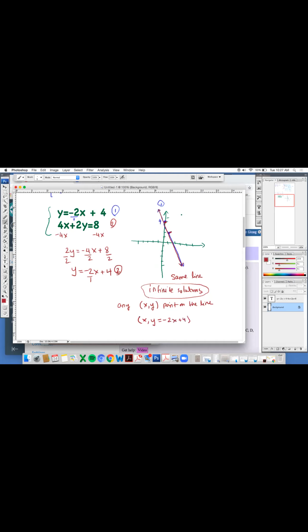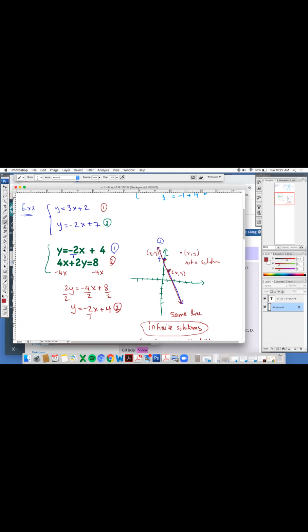So only x is free, it could be whatever, but y still has to fit with that equation. So it's an infinite number of points along that line. Like this point would not be a solution. Not a solution. But any point on here, this xy could be a solution, or this xy could be a solution, any of them like that. So that's another kind of solution for a system of equations.